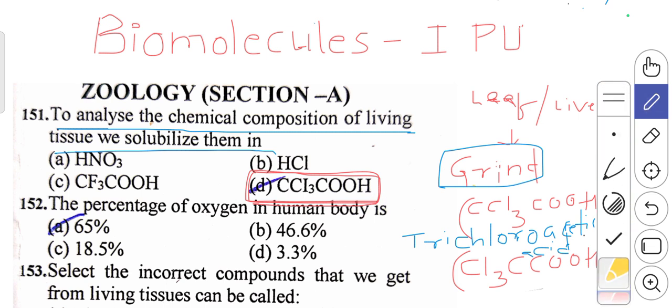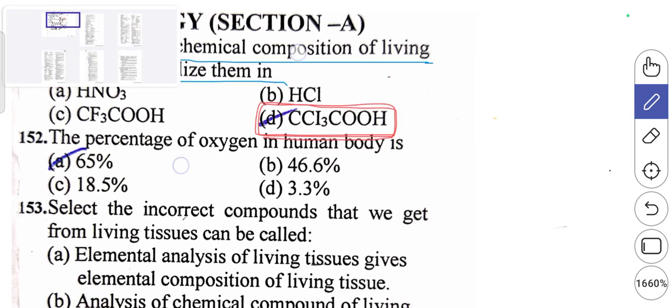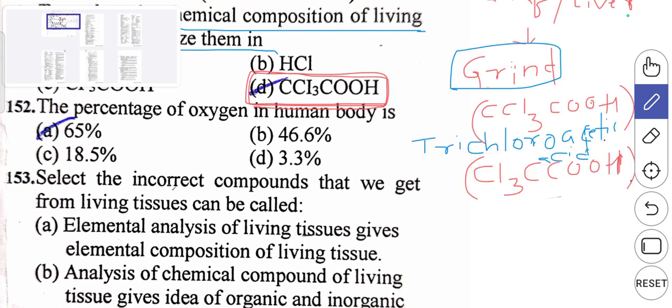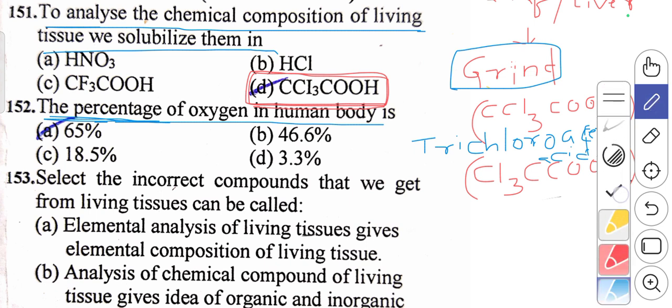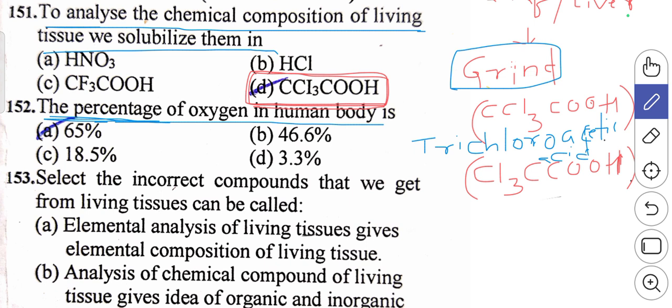So we'll go with the next one, that is: the percentage of oxygen in the human body is... What is the percentage of oxygen in a human body? So we need to know what is the actual oxygen percentage.